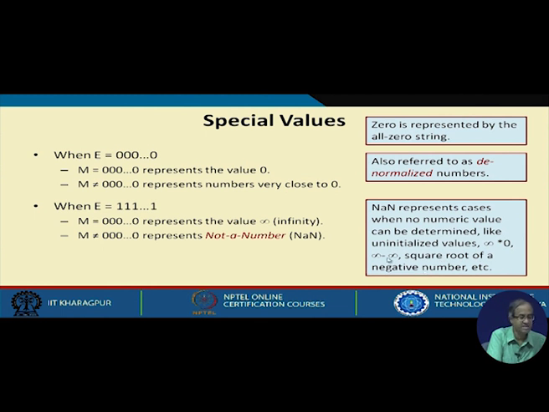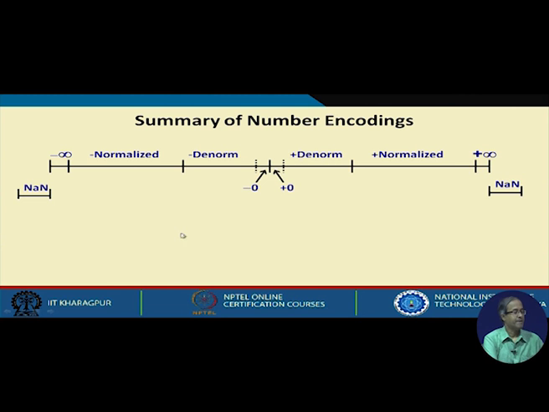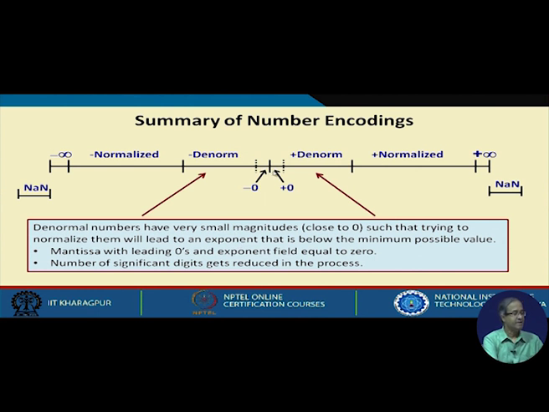So, all these are examples where the result is supposed to be a NaN, and the IEEE format allows this special value to be stored and represented like this. In this scale, the summary of number encodings, when you have the mantissa values all 0, you have the number 0.